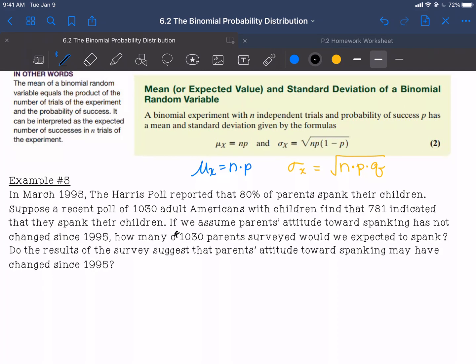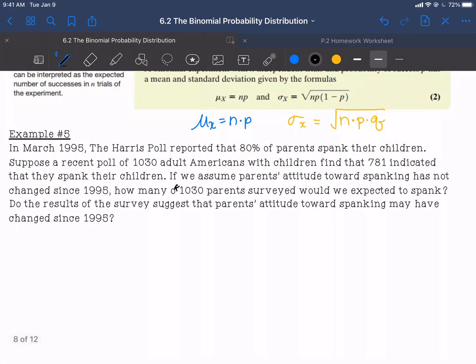Okay, well, we want to know how many would we expect. That's just your mean. Okay, so some things to point out here. The probability of success, we're referring to success as spank their kids, is equal to 0.80.